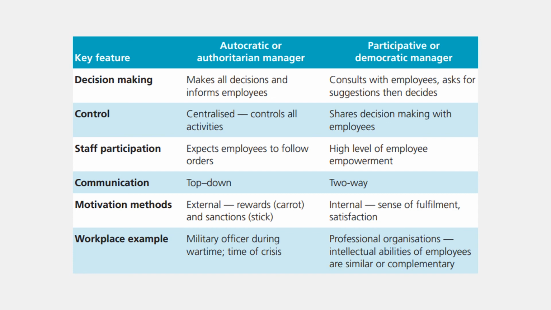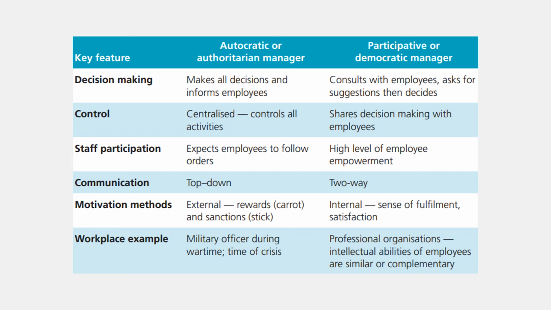Like I said, in terms of motivation methods, you can use money and rewards and maybe even consequences, and an autocratic manager will use that. But things like encouraging, supporting, empowering, giving positive feedback, that sense of fulfillment and satisfaction is the way that a democratic manager will motivate their employees.